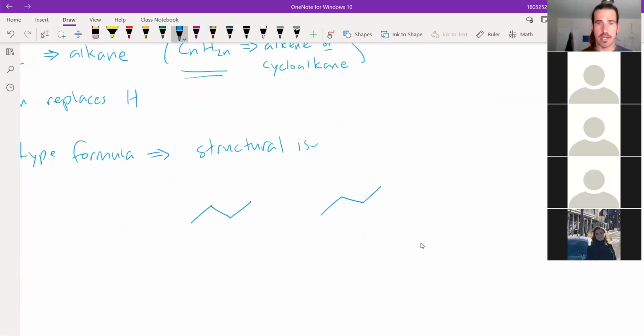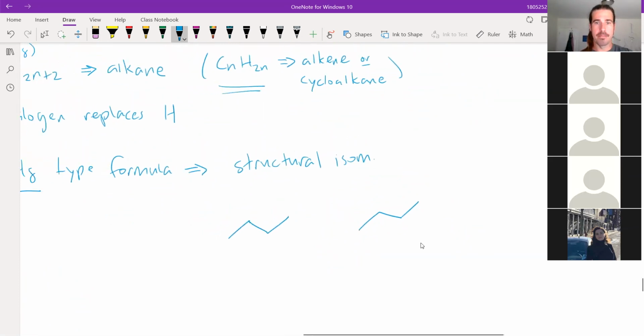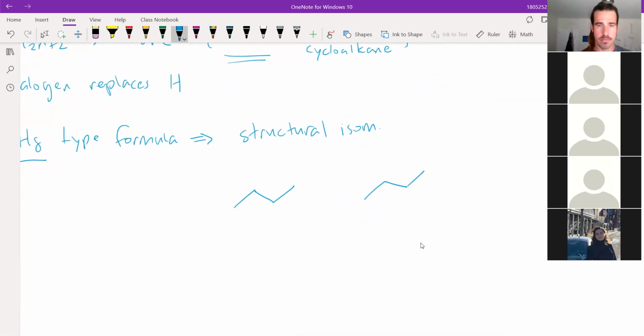Quick question. For the one you drew as like a triangle with the 3, why is that a methyl propane, and not an isobutane? Well, now you're getting into what's called a common name. This can commonly be called isobutane.